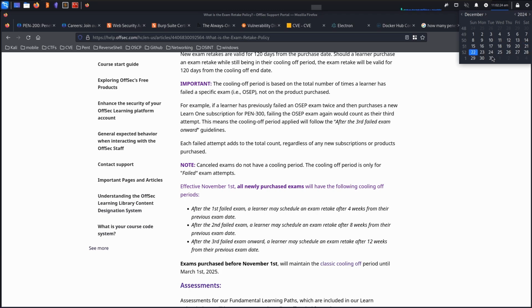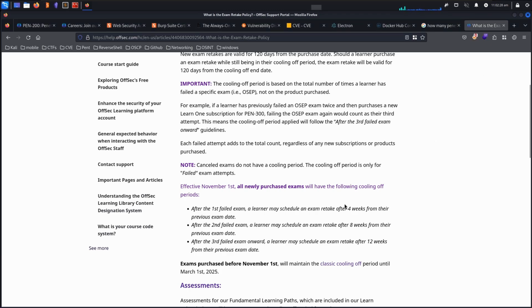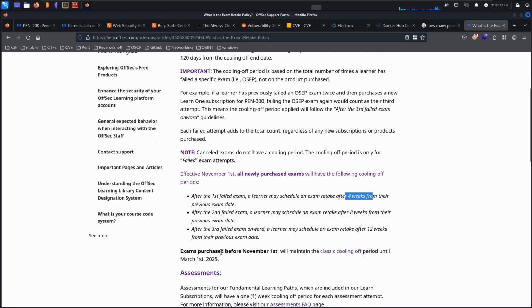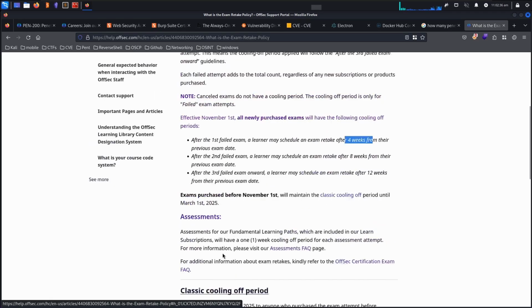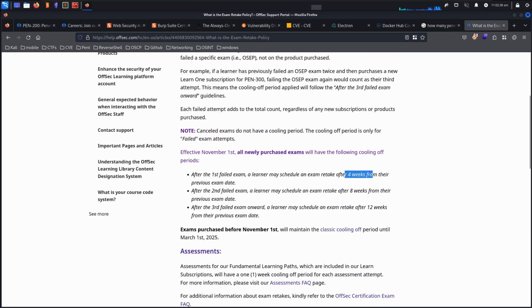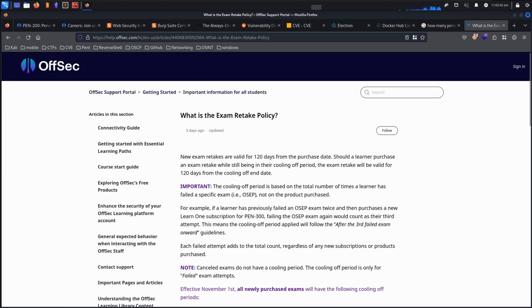Probably need to do 21 and 22. But either way, I've got 4 weeks to wait at least, and $250 to pay, I believe, for the exam voucher. I'm getting that from Google, and that could be inaccurate, so keep that in your head.